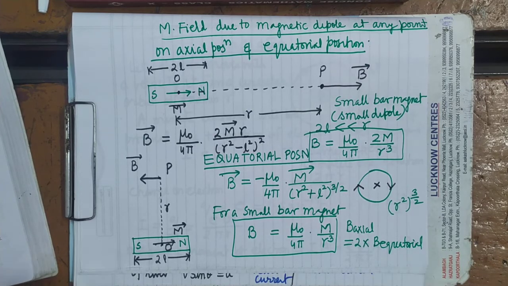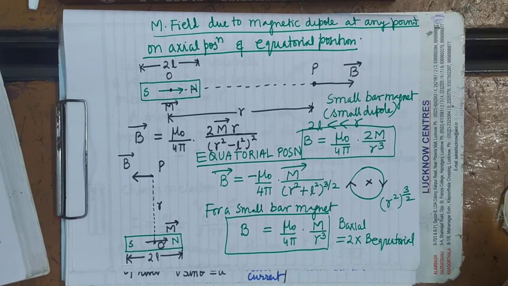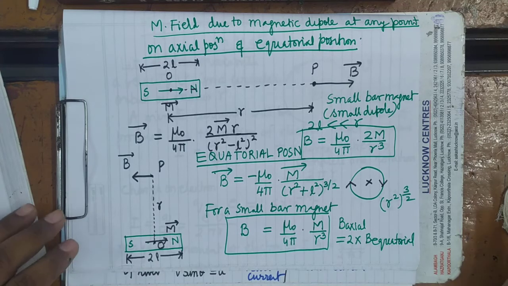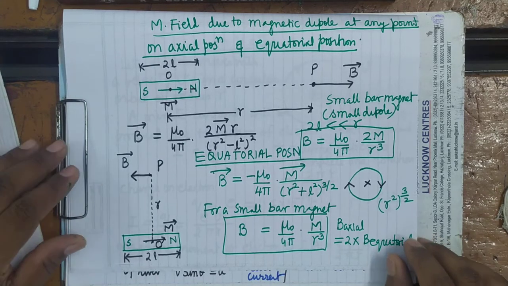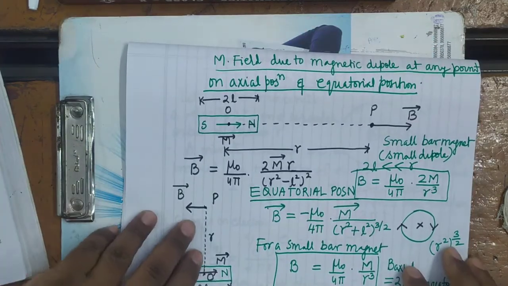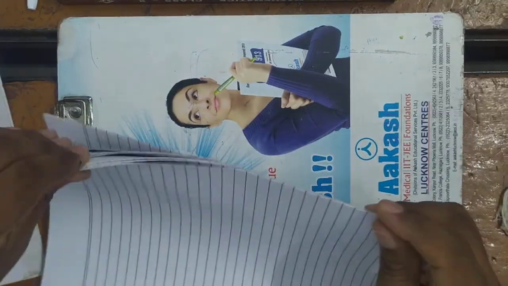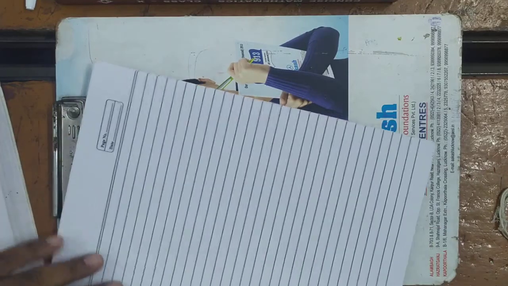It's clear. Now see here, after this we will describe the torque acting on a magnetic dipole placed in a uniform magnetic field. This I have also discussed in great detail in previous videos.